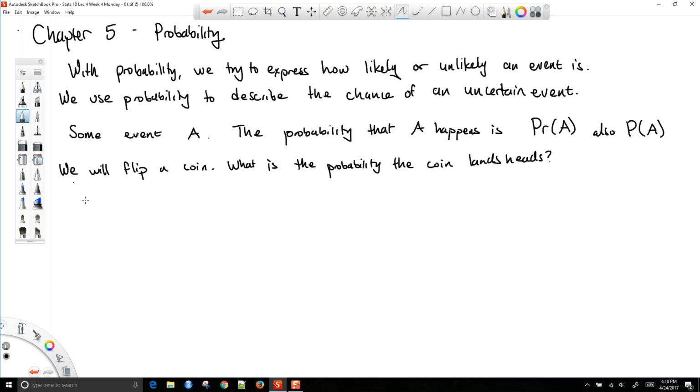We would say this is the probability of heads.